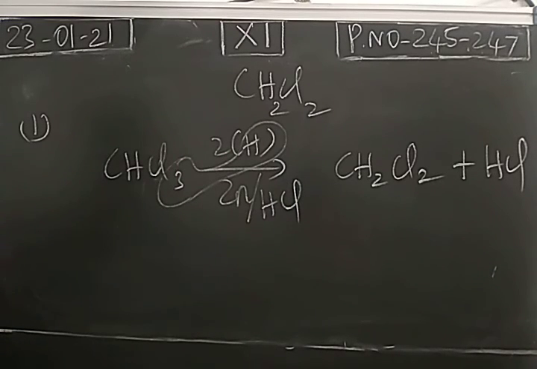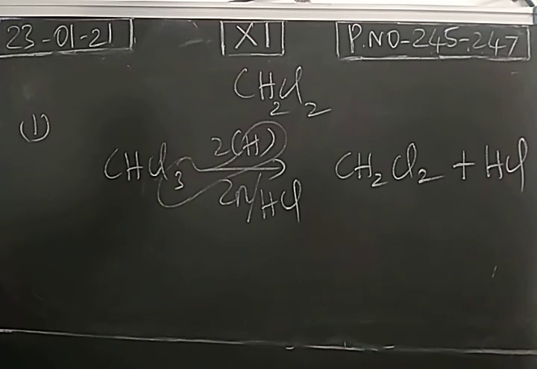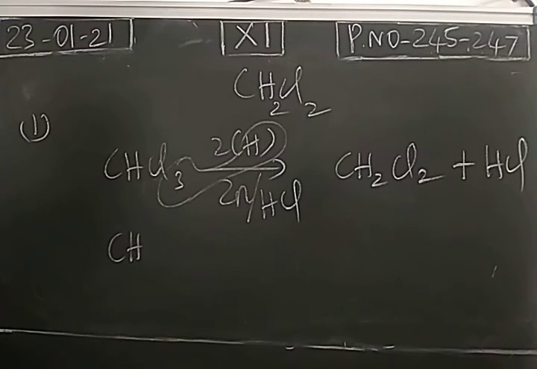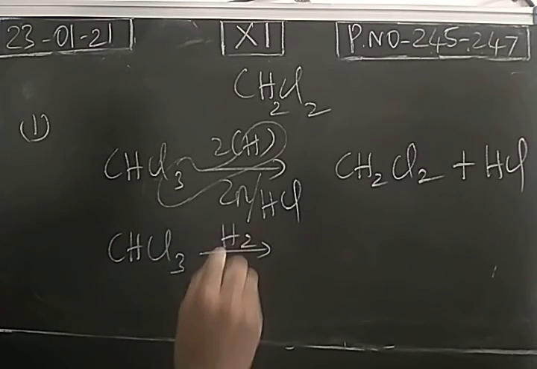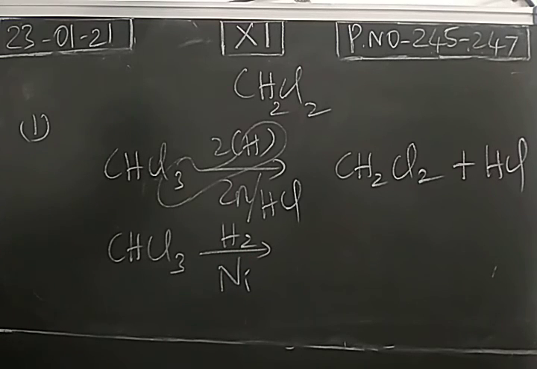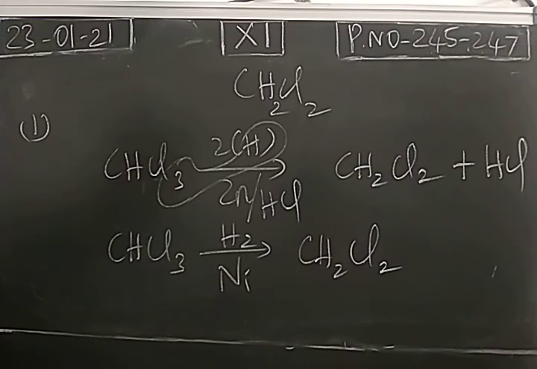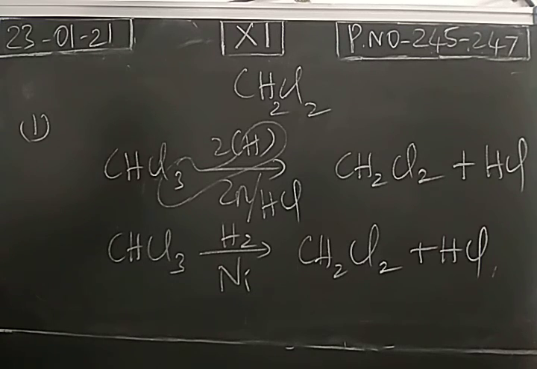Hydrogen chloride is leaving and one more hydrogen is added. Addition of hydrogen is the reduction process. We get methylene chloride. Instead of zinc and hydrochloric acid, we can take metals also, like nickel, platinum, palladium and so on. We get the same product, methylene chloride, with the liberation of hydrogen chloride. So the first preparation method is over.